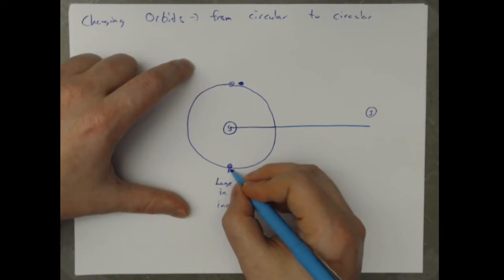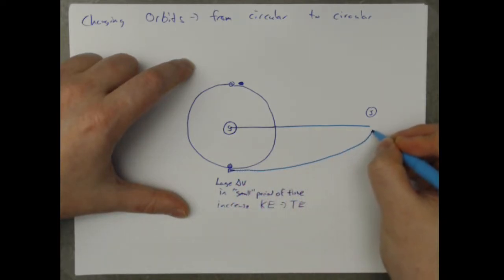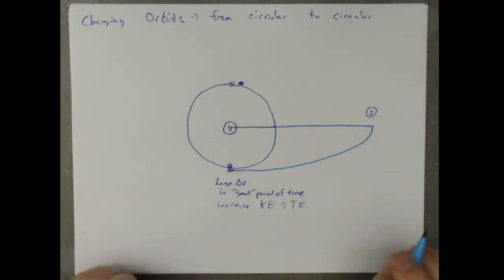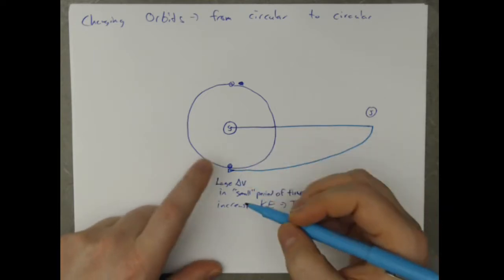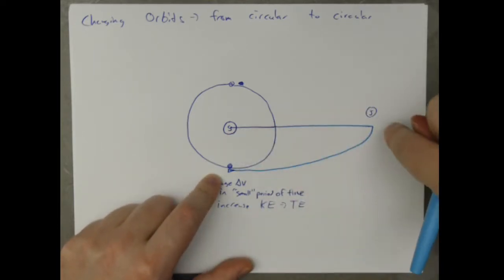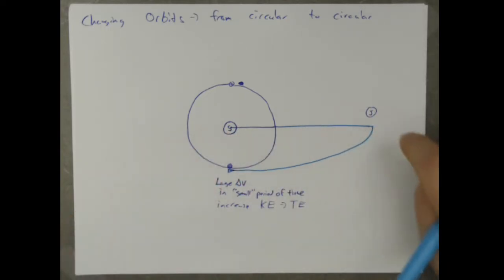So now our rocket ship starts an elliptical orbit that goes in that direction. We've changed our velocity so that we're going to reach the same orbit as Jupiter. So we now have this semi-major axis.